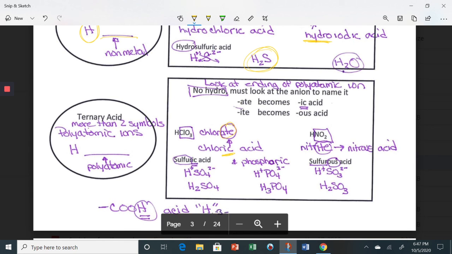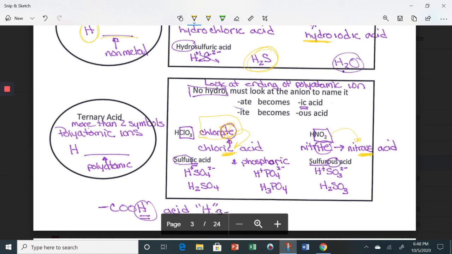Notice, no hydro. You take the name of the ion, get rid of the ending, put ic on it, and say acid. That means it's the one with the higher amount of O's. If I look at this one over here, it's nitrite to start, and it goes to ous. Lower amount of O goes to ous, higher amount of O goes to ic.